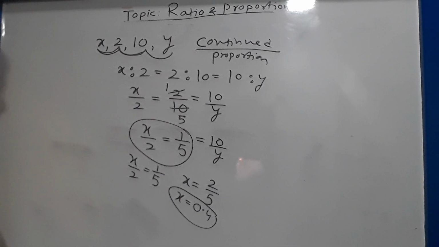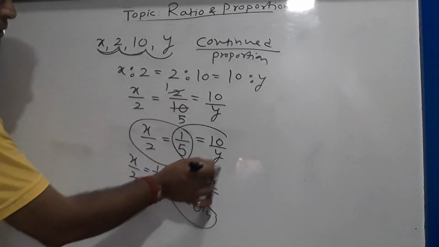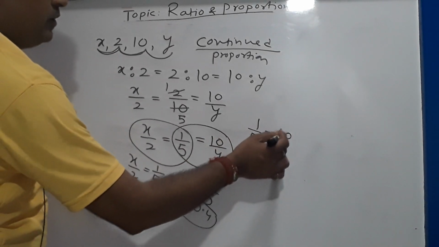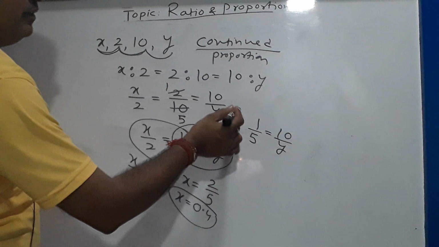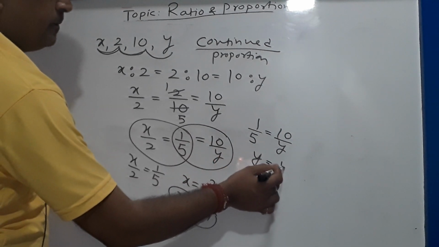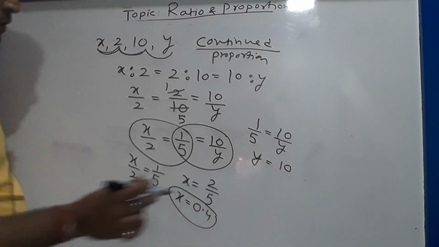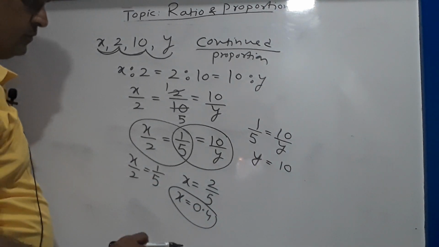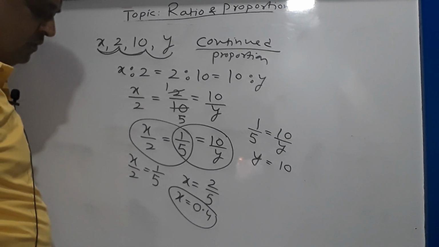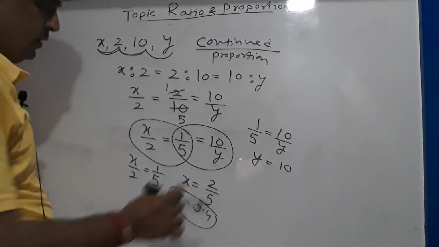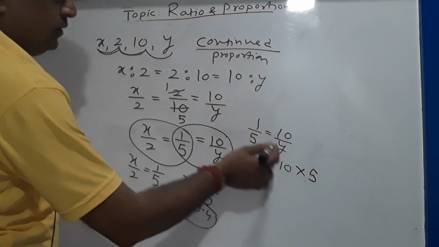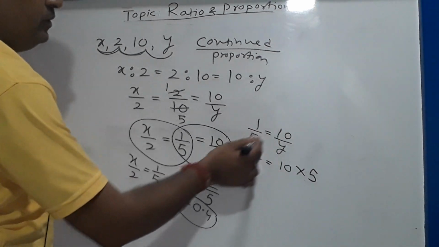Got it? Now let us take these two ratios. 1 upon 5 is equal to 10 upon y. So cross multiply, y will go up. 5 will go up, 10 into 5, y into 1 is y.